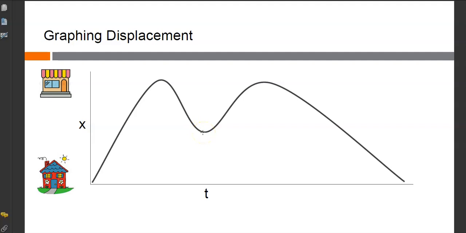He stood there and read a magazine or Archie comic or something. So he goes back to the store, finally gets the eggs, and goes home again. The position, graphed as a function of time, shows that he went to the store, started back, stopped, went back to the store, and then went home.